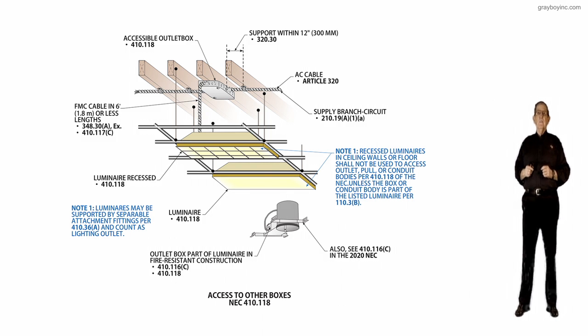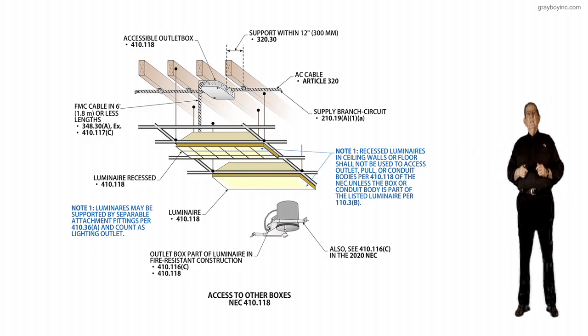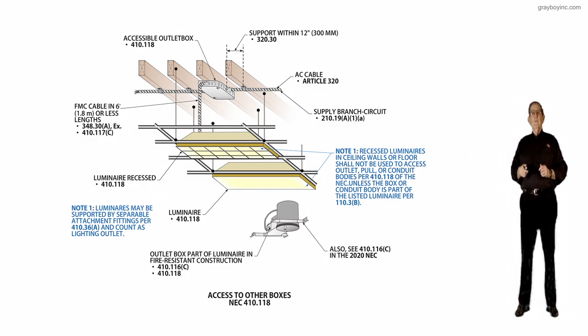with 300.11. And then notice you can have a little fixture whip or pigtail from the pull box that's mounted to the framing member down to the fixture. And if we go to the left, it says flexible metal conduit in a 6-foot length, and it has to be at least 18 inches or less, in length.